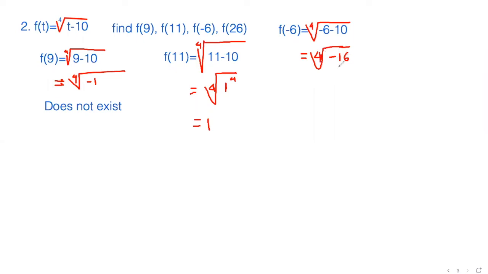Because 2 multiplied by itself 4 times is 16, but negative 2 multiplied by itself 4 times is a positive 16. So that does not give you negative, that's why. This gives you a positive 16, but under the radical we have negative 16. So it is not possible. So for this one also, the solution does not exist, or the function does not exist.